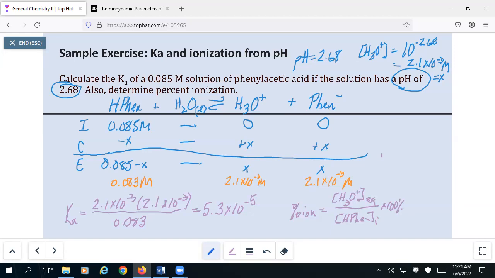So we're looking at 2.1 times 10 to the negative third molar over 0.085 molar times 100%.